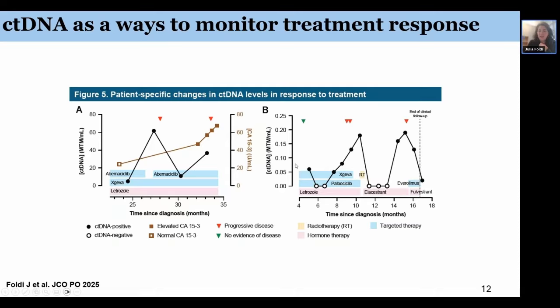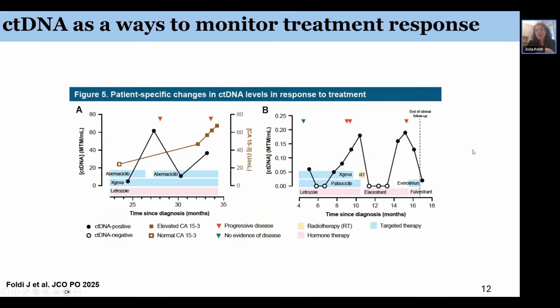And very similar on the right hand side here, this is actually a patient who was able to go from positive to completely negative ctDNA test when they got effective treatment. But after a while, that treatment stopped working, and we could see the increase in ctDNA up to the point where they had a scan that confirmed progression. Treatment was changed, and we could again see a fall of ctDNA to negative. And this stayed negative for a few additional blood tests, and then started rising again, showing that the patient was progressing.